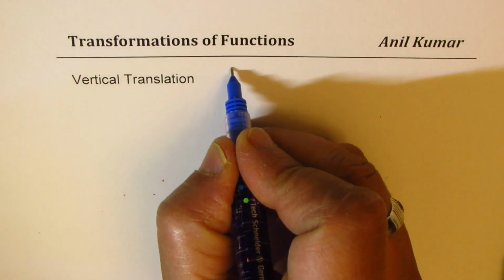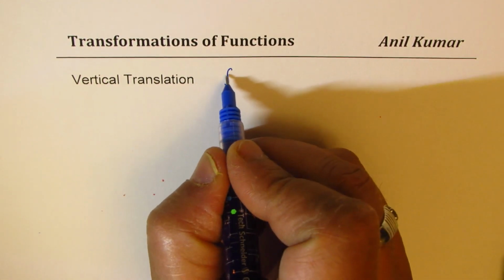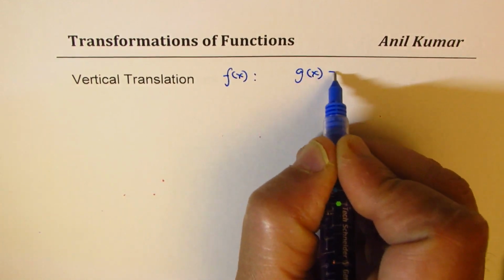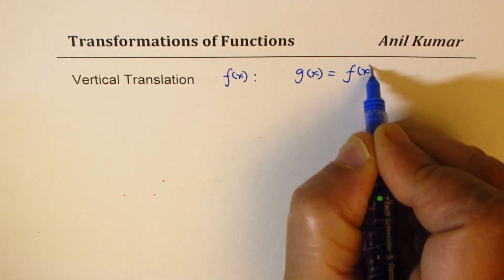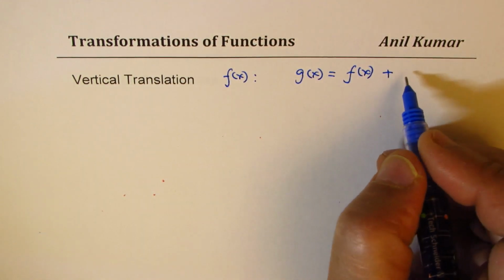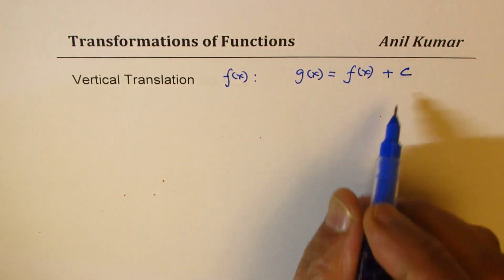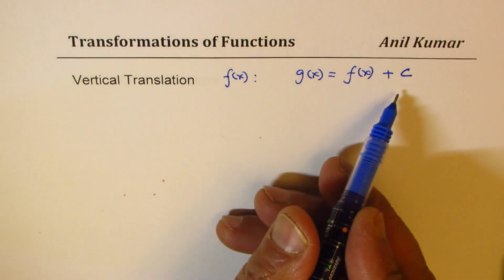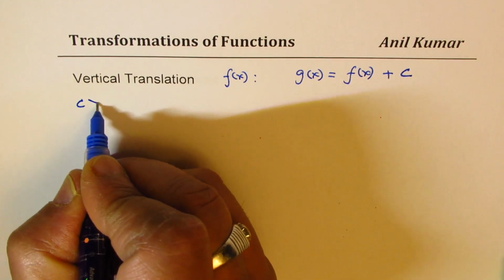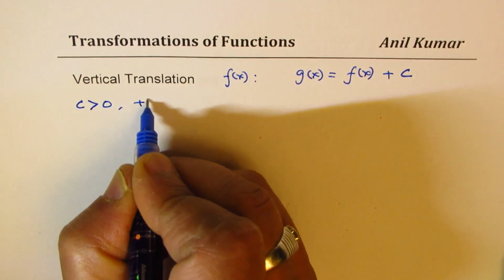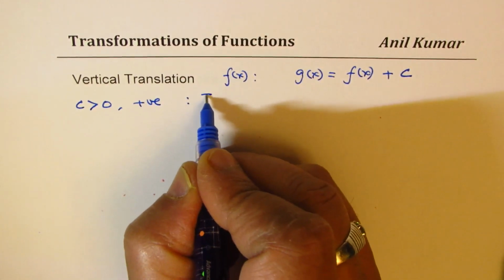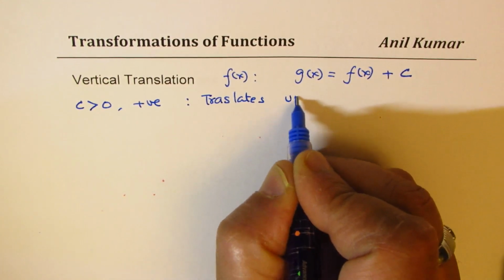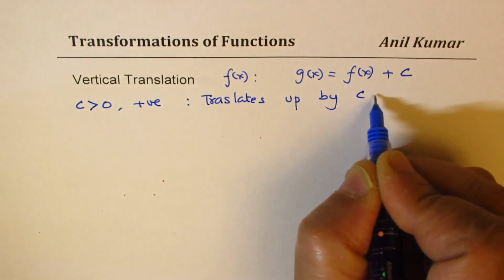In general, we could write if f of x is our function, then g of x could be equal to f of x plus some value, let's say plus c. Now c is the value by which it translates up and down. So if c is greater than 0, that means positive, in that case it translates up by c units.